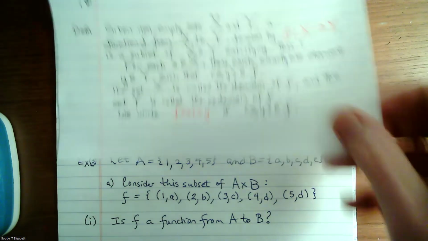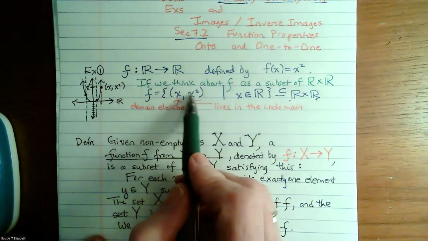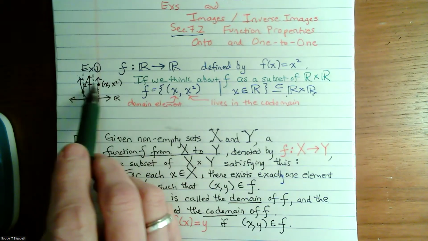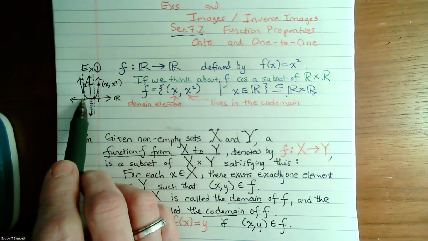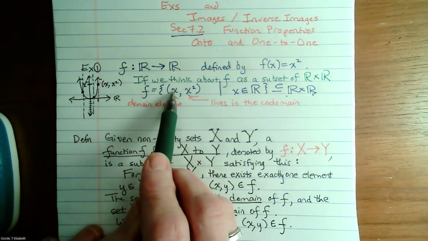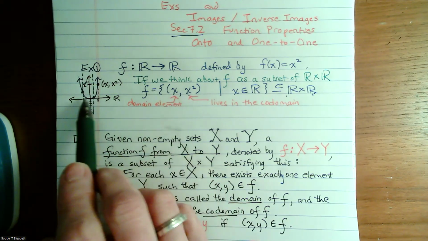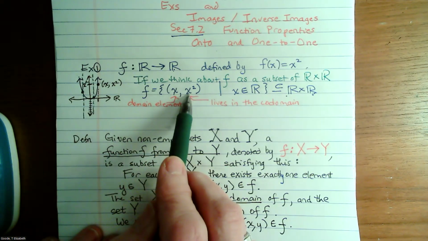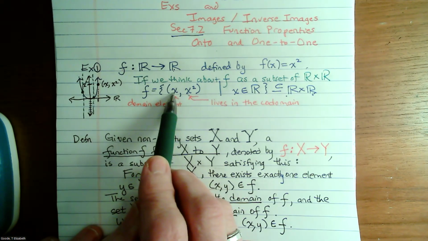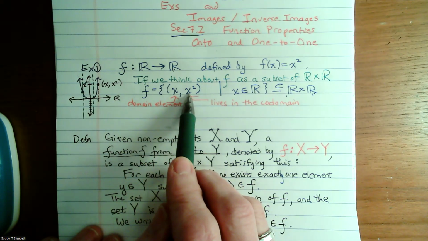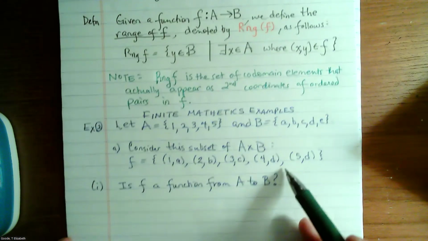I mean, look at the parabola. Look at x squared. If you pick 3 and minus 3 for your x values, when x is 3, x squared is 9. When x is negative 3, x squared is still 9. It's okay for different domain values to map to the same codomain value. That does not bother the definition of functions.